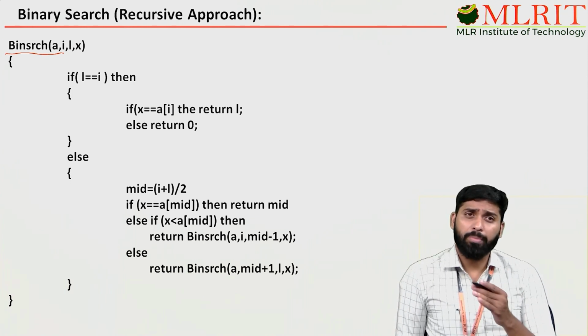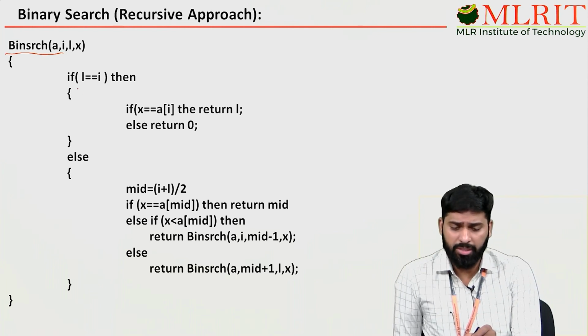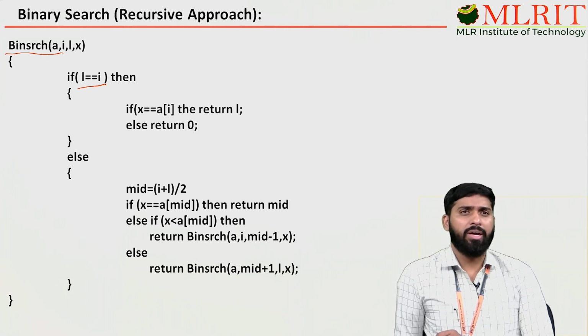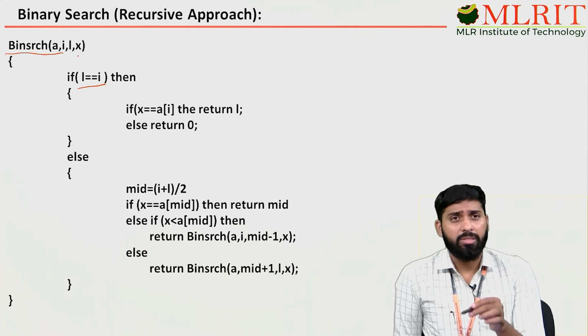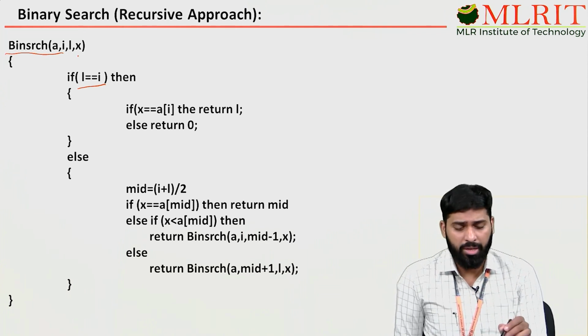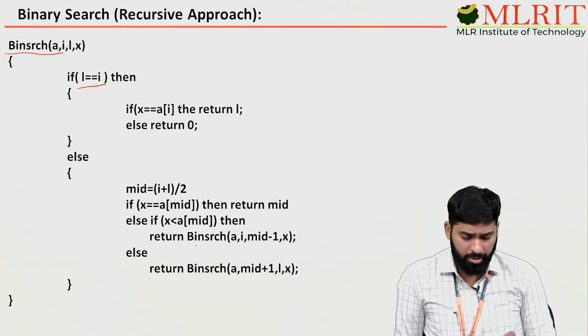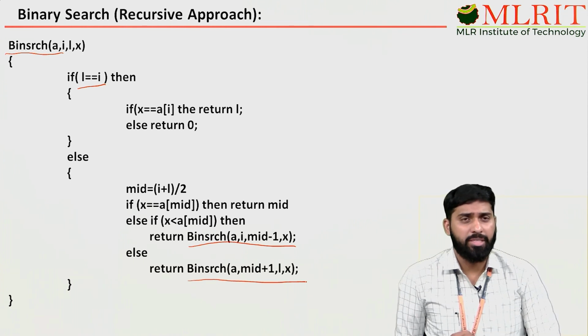We divide the problem into sub-problems until the condition L equals I. What is L? The length. So L represents length. Up to L equals I, we are dividing the problem. Here you observe that this is dividing the problem, the function calling itself.